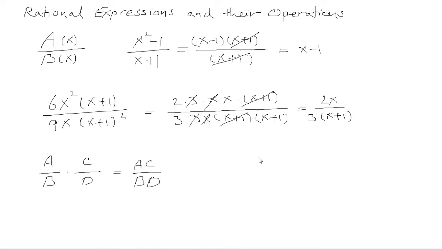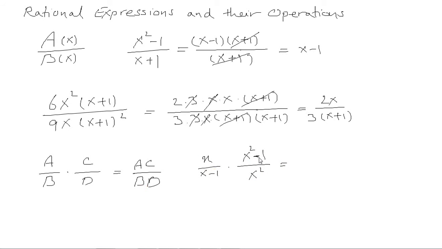Okay, let's look at one example. If I have x over (x minus 1), and I want to multiply that by (x squared minus 1) over x squared.